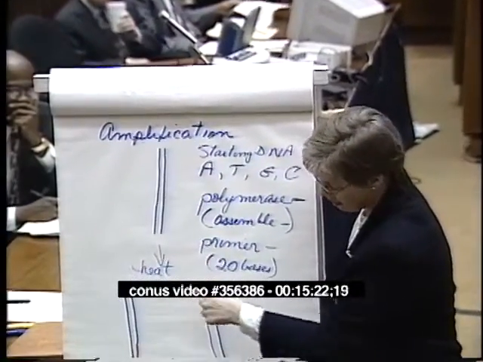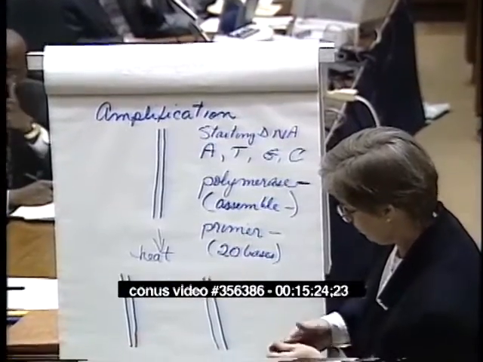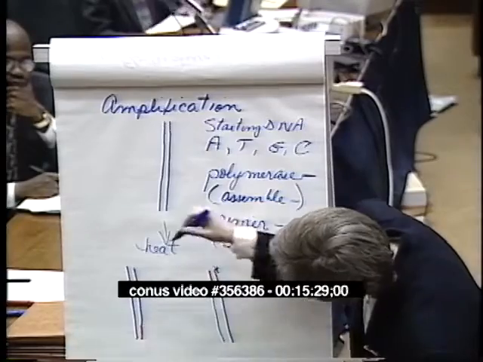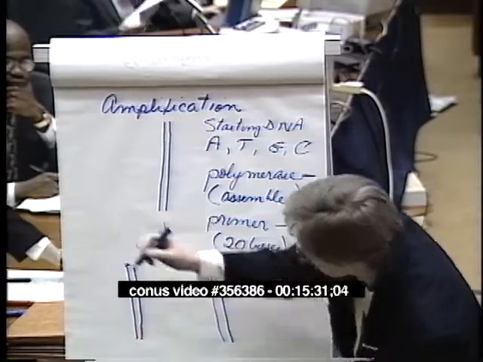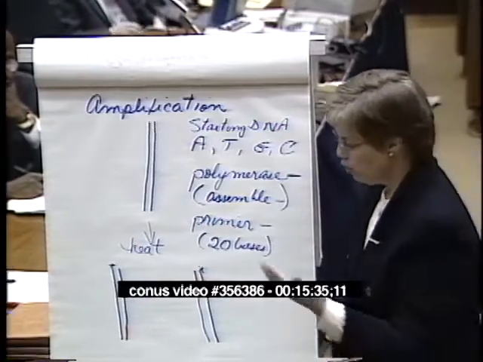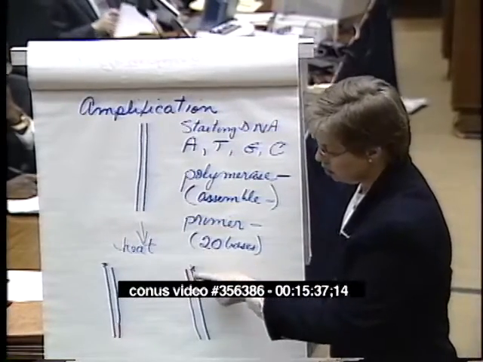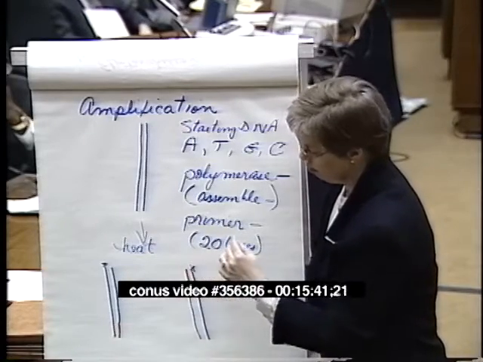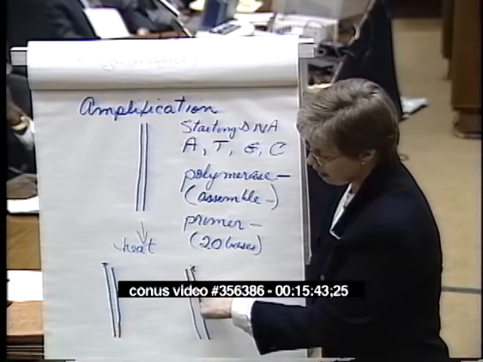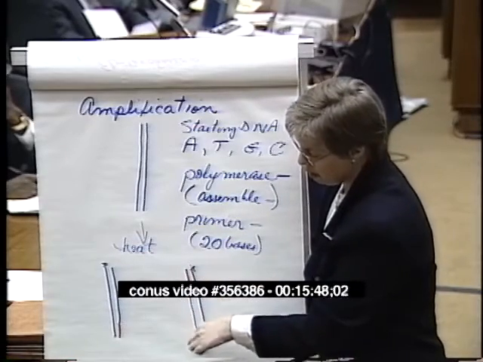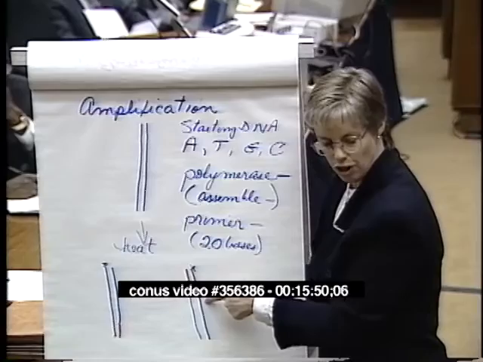And the two strands, we'll just put a little X here on our starting material strands. Drop the temperature down, allowing the two primers to bind, and then allowing the polymerase to make a copy of this starting strand.